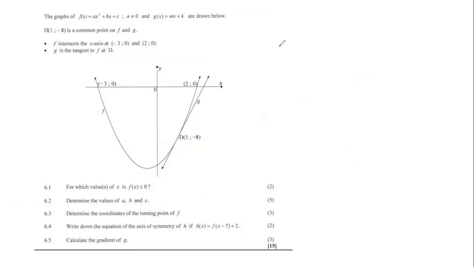All right, so the graphs f of x equals ax squared plus bx plus c, they said a is not equal to 0, and we've got that of g of x, which is mx plus k. They are drawn below.